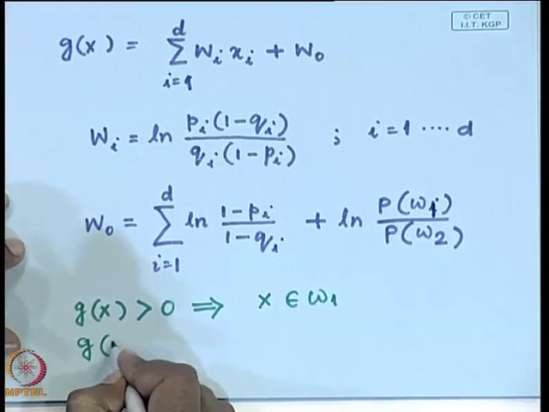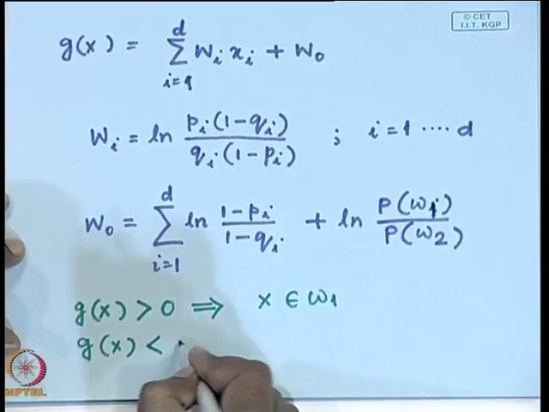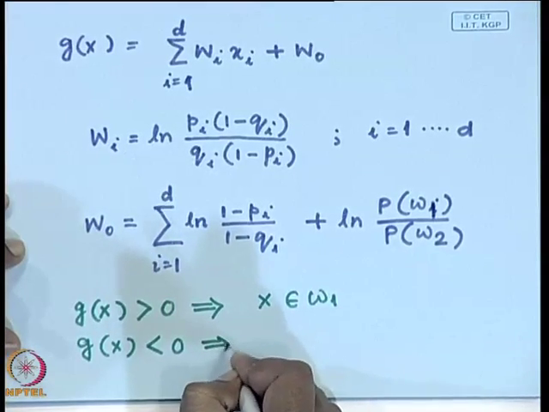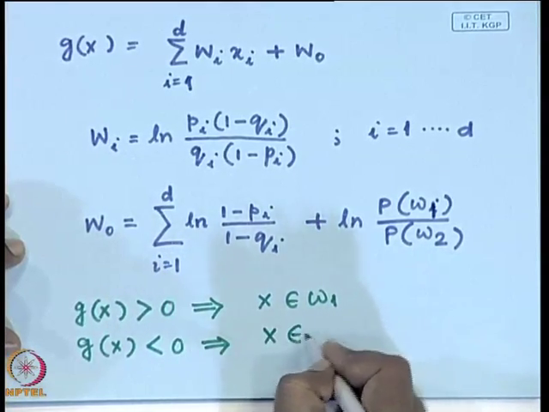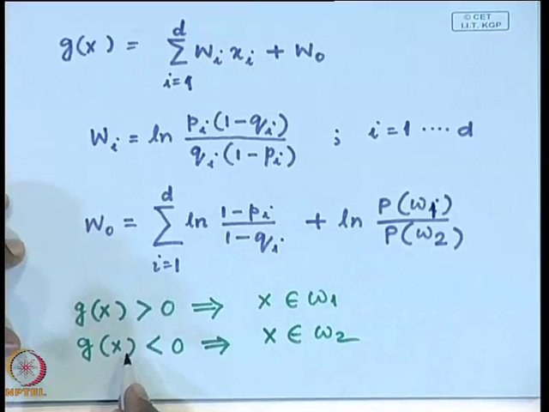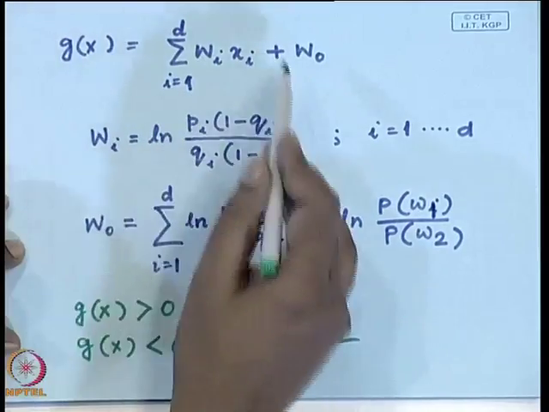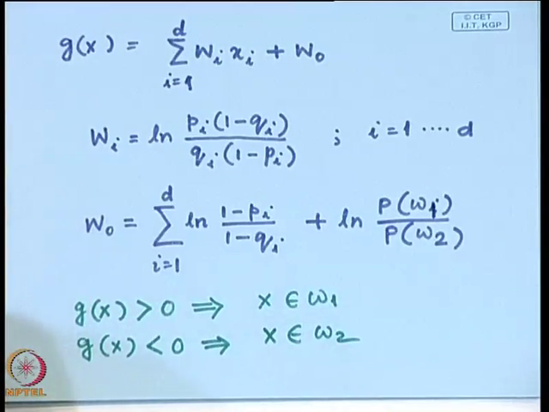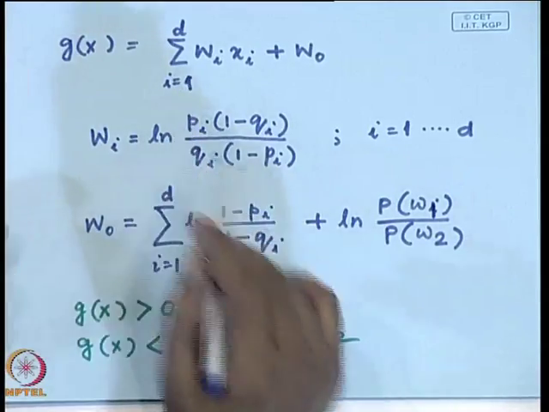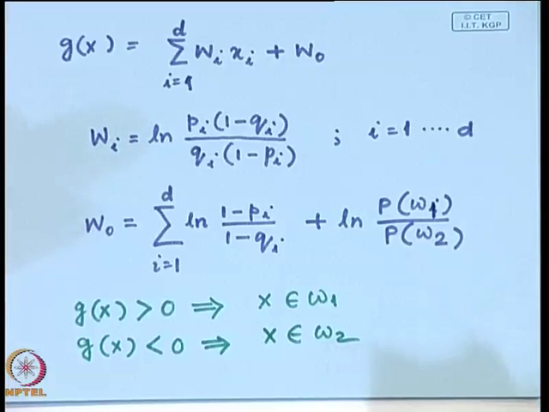If g(x) is less than 0, then we decide that x belongs to class omega 2. If this is equal to 0, that is a boundary case. So, if you analyze this expression, what do these different components of w, that is w_i, effectively tell us?